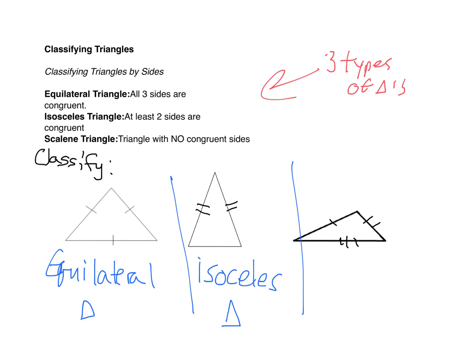Okay, number 3. We see there's one tick mark on this side, two tick marks on that side, and three tick marks on this side. That tells us that none of the sides are congruent, so this one is going to be scalene, because none of the sides are congruent.